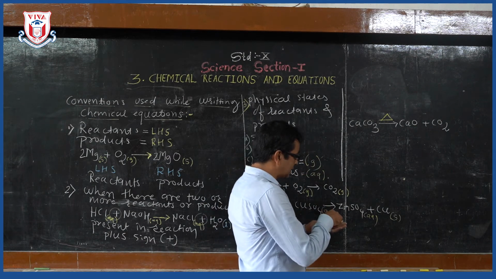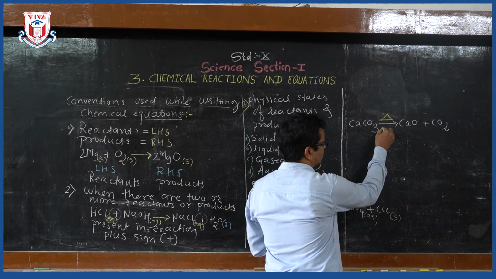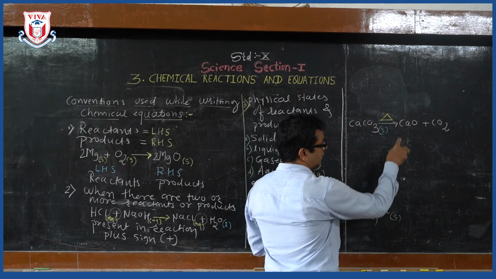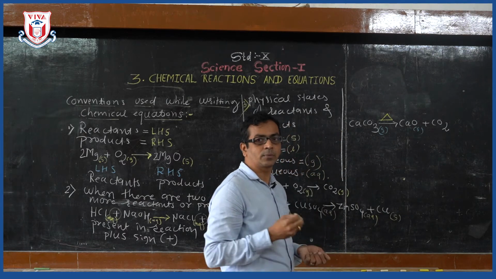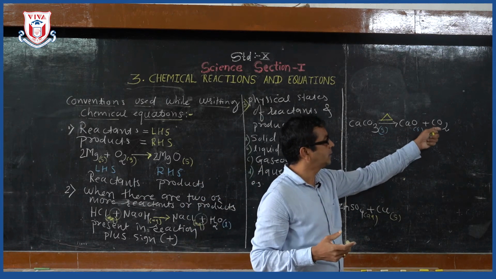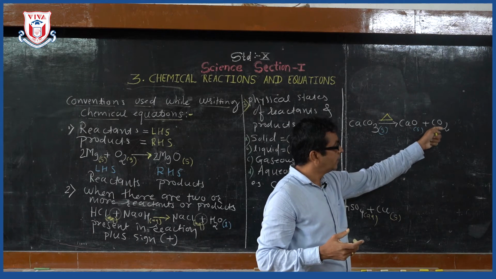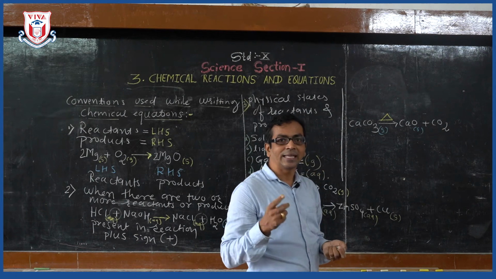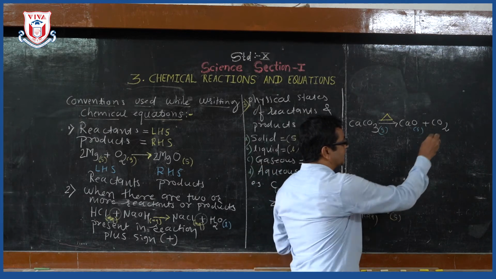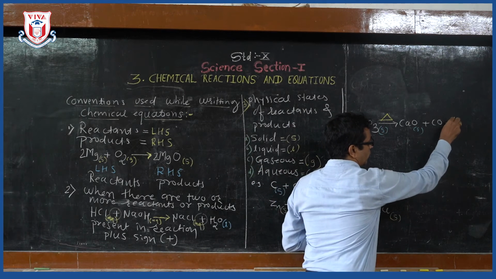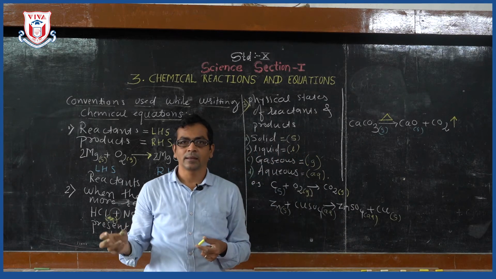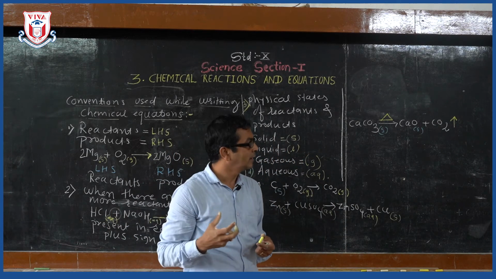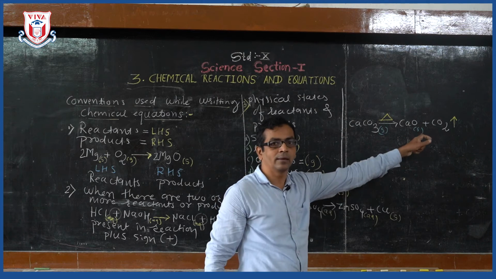Calcium carbonate is a solid, so I will write s. Calcium oxide is s, and carbon dioxide is in the product. So instead of writing g, you can write an upward arrow. So the upward arrow tells that gas is released during the chemical reaction.